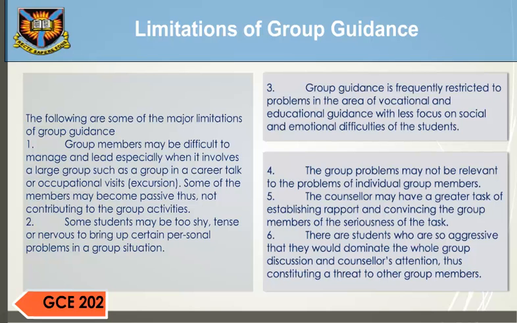The counselor may have a greater risk of establishing rapport and convincing the group members of the seriousness of the task. 6. There are students who are so aggressive that they will dominate the whole group discussion and counselor's attention, thus constituting a threat to other group members.